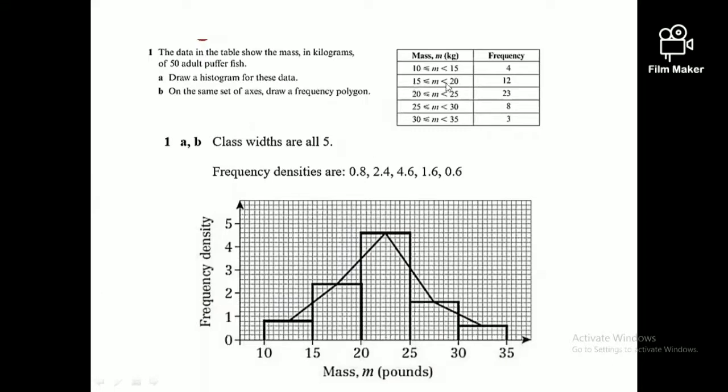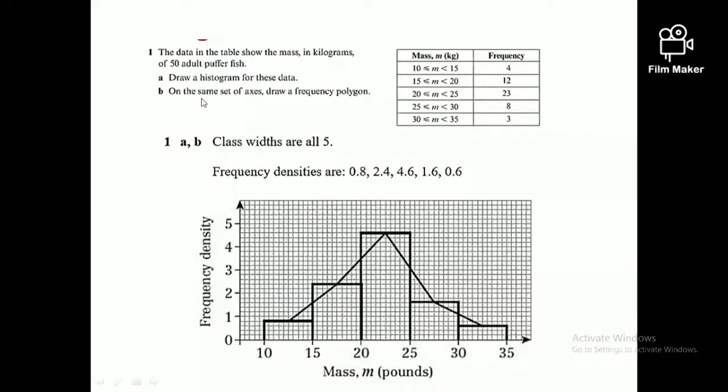Then 15 to 20, 12. 12 divided by 5 is 2.4. So you can mark 15 to 20 as 2.4. Then 20 to 25, 23. 23 divided by 5 is 4.6. So you can mark 4.6 and you can mark the rest of it.